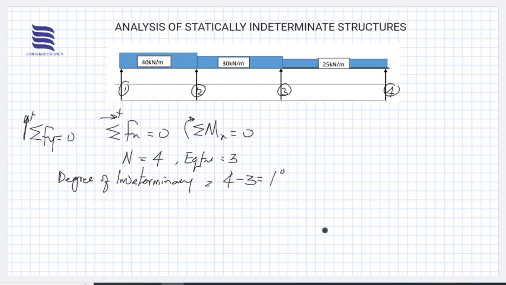So this is indeterminate to the first degree. This is not actually the big deal. The big deal is how to analyze this beam element so that we can obtain our span moment and support moment, and from there you can have your design appropriately.